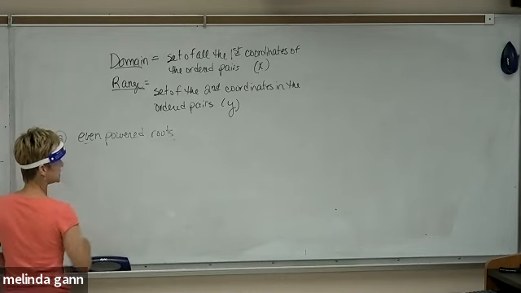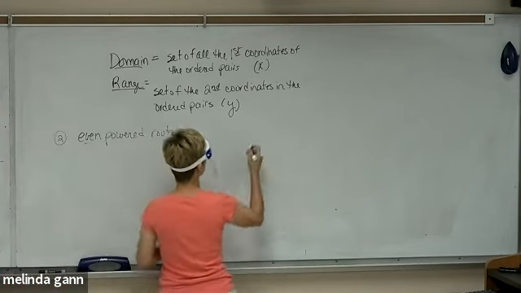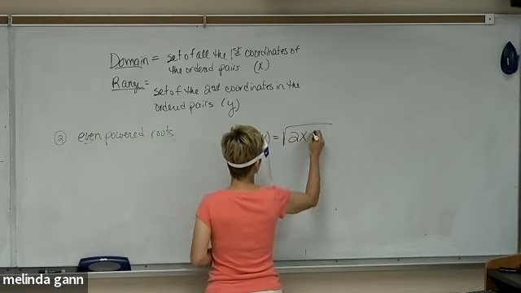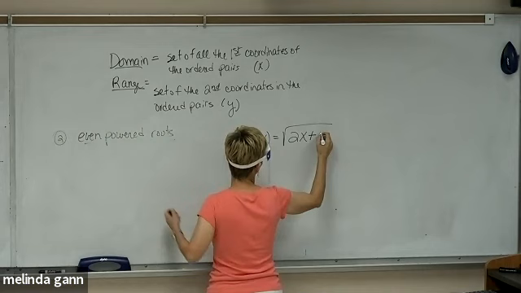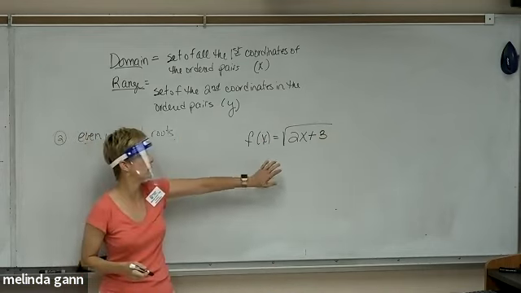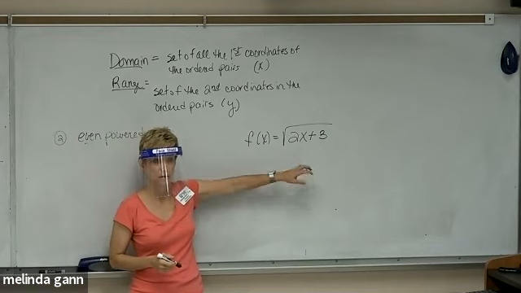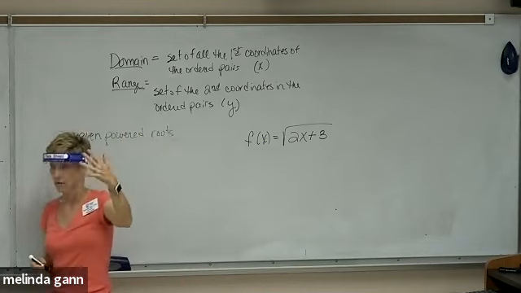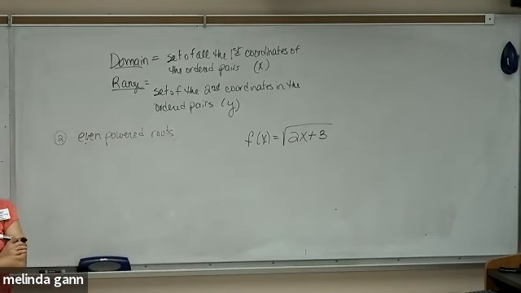So what if I had something like this, all right, and I said, what's the domain? Now, you can start throwing numbers in there, but guessing and checking is going to be problematic because it's got an infinite number of answers. All right?